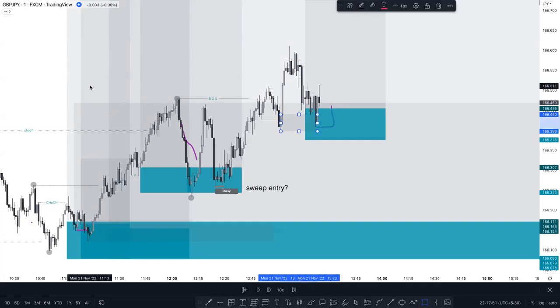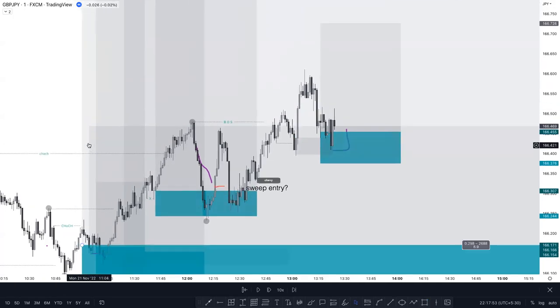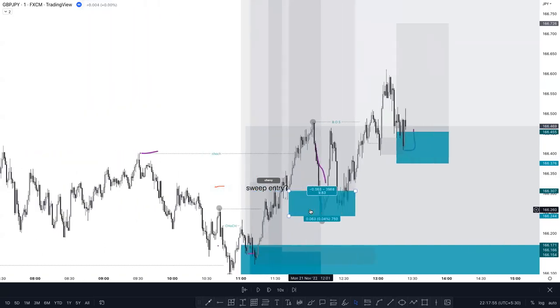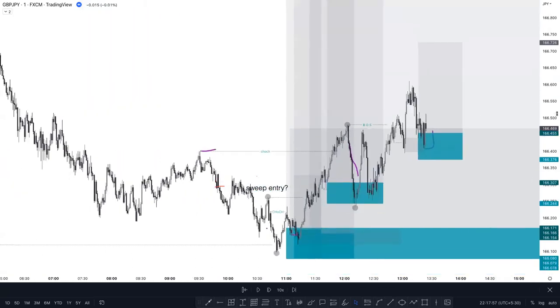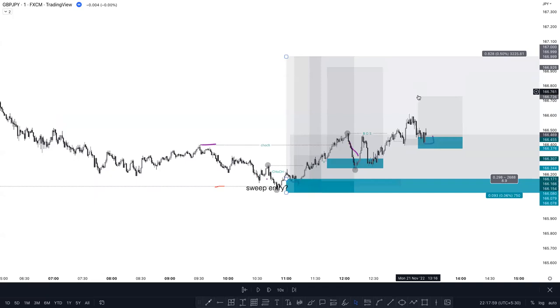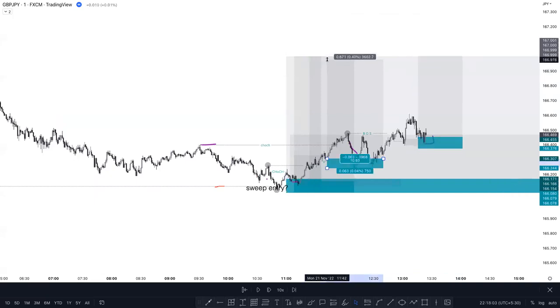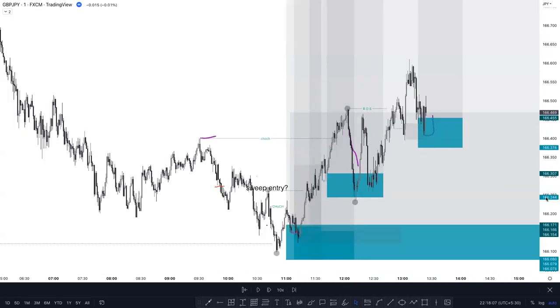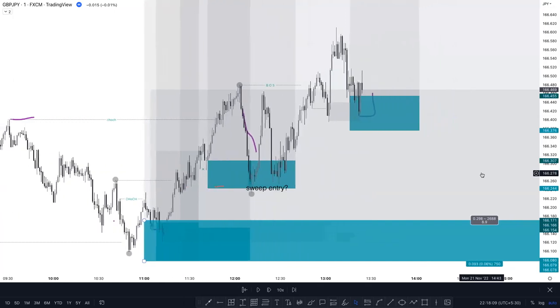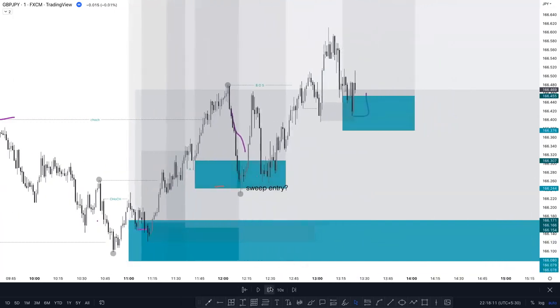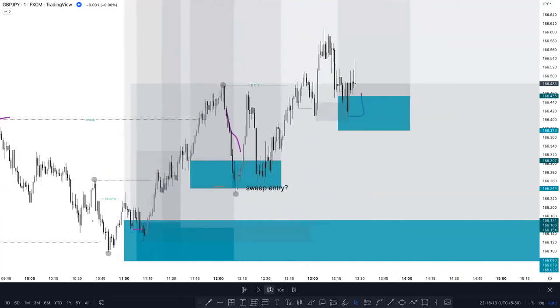This one is our single candle mitigation based entry. And let's see. Target will be the same here. Okay, perfect.